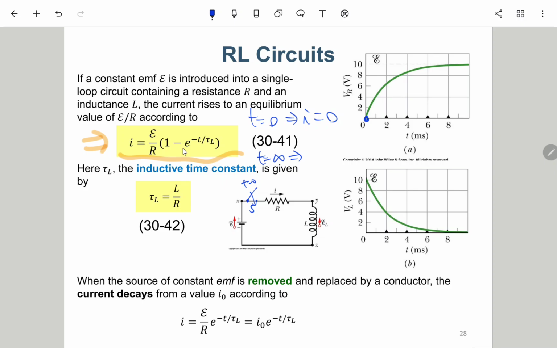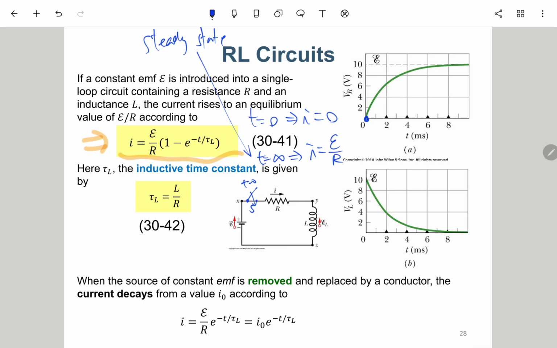Exponential to positive infinity will be infinity, so exponential to negative infinity will be 0. So 1 minus 0 will be 1. So this I will be E over R. We will call it a steady state. After a sufficiently long time it is like a steady state. It must be a steady state sometime later.